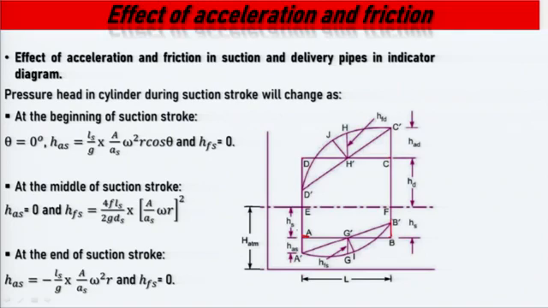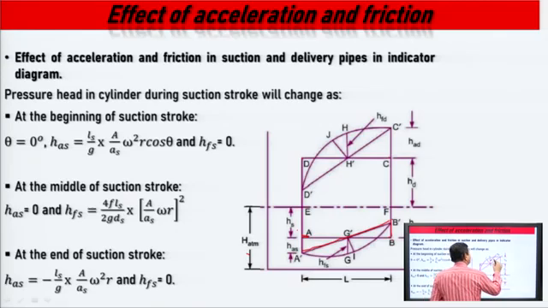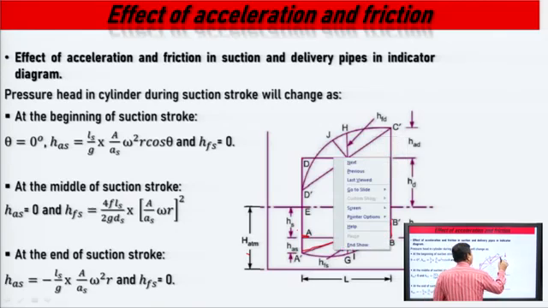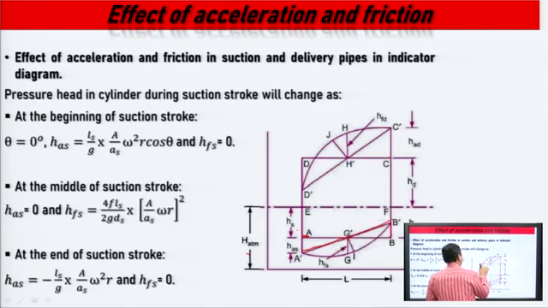This HAS is similar in magnitude to HS, only the direction is opposite, and there is no effect in the middle. Similarly at the delivery stroke, C becomes C dash and D becomes D dash. This magnitude is the same, this is HAD, and again this one is HAD, this one is HAD.